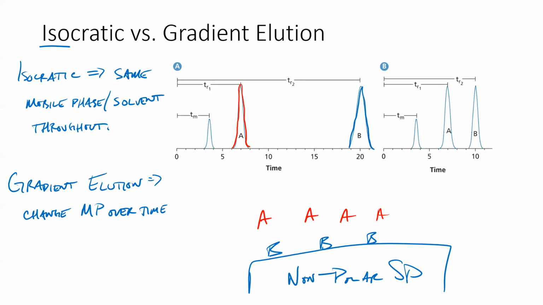Something that still has a little bit of polar stuff, but that's much less polar than whatever we started with. What's going to happen is that A is going to come out about the same time, and we haven't really affected A because we started with a polar solvent, but because we switched to a non-polar solvent, B is going to come out a whole lot faster than it did before.